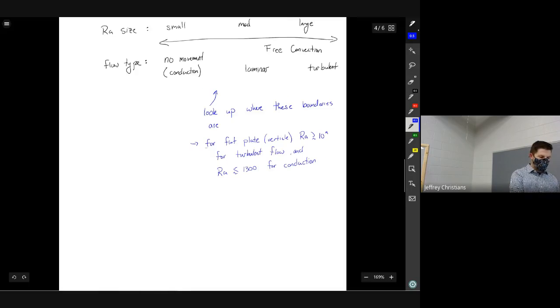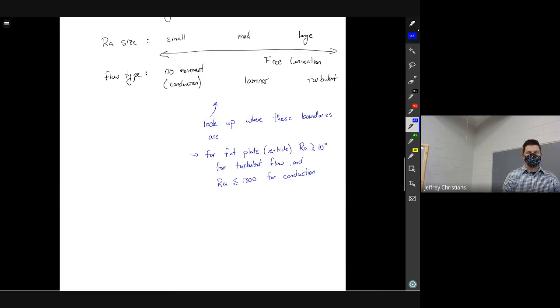So for that geometry, that's where those boundaries happen to lie, but that's something that you can't just know beforehand. So then there are obviously going to be, like we had different correlations for different Reynolds number, different correlations for different flow regimes like this.